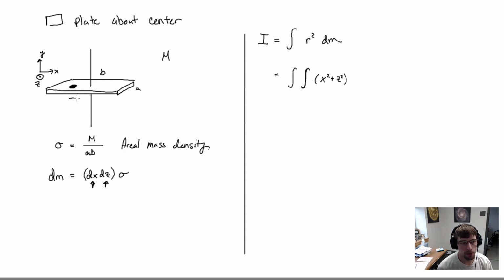Let's say this piece is a distance x from the rotation axis, and it's a distance z in this direction. So I must need to find the hypotenuse of the triangle, which is x squared plus z squared square rooted. And then I take advantage of the fact that the r is also squared. So I get x squared plus z squared times sigma dx dz.